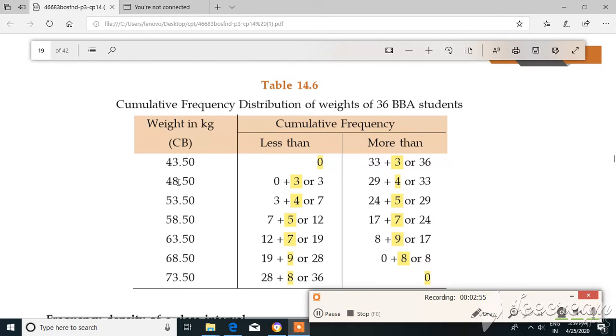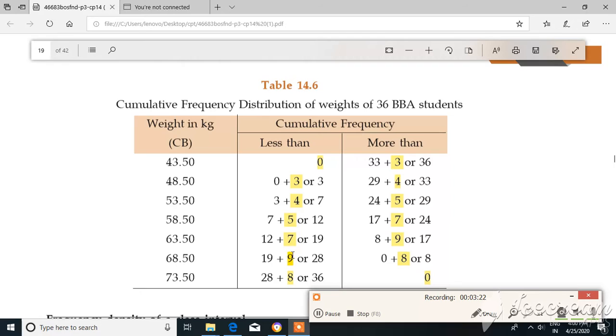Now for this 48.5, this 3 is frequency. Now what I did here, 0 plus 3 gives me 3. Now here this 4 is corresponding frequency, but I want less than or equal to cumulative frequency. So this 3 plus 4 gives me 7. Similarly 7 plus 5, 12. 12 plus 7, 19.